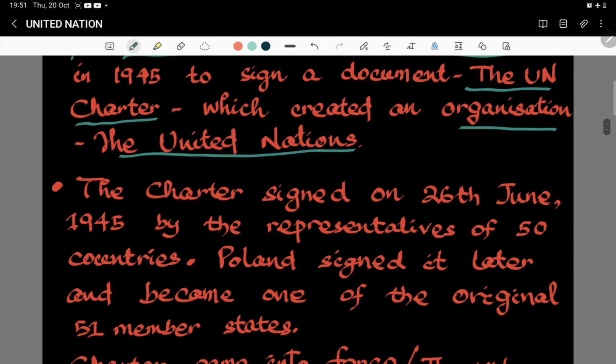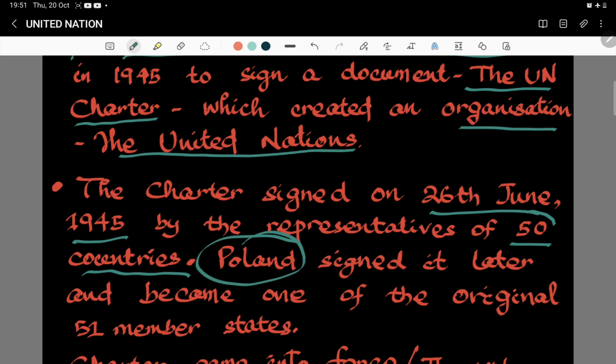The charter was signed on 26 June 1945. The United Nations Charter, which created the United Nations, was signed on 26th June by representatives of 50 countries. But Poland signed the charter later and became one of the original 51 member states.